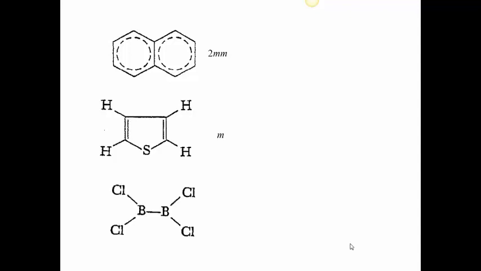Here's anthracene, and what is that? Yes, you see 2 mirrors and a 2-fold, so that's 2mm. And this one has got 6, 5, 6, 4, 3, 2, 1, and it's got a mirror plane. So there's the mirror going through the sulfur. And finally, here we have another 2mm.